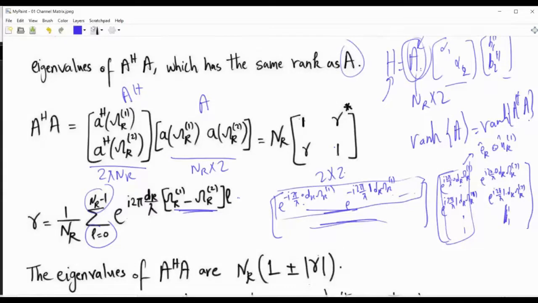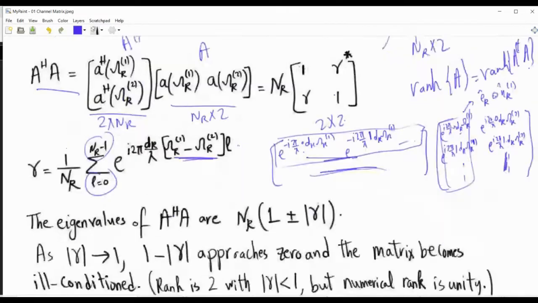Now the rank of A is the same as the rank of this matrix. A Hermitian A is a Hermitian positive semi-definite matrix, and its rank is equal to the number of positive eigenvalues. So what are the eigenvalues of A Hermitian A?